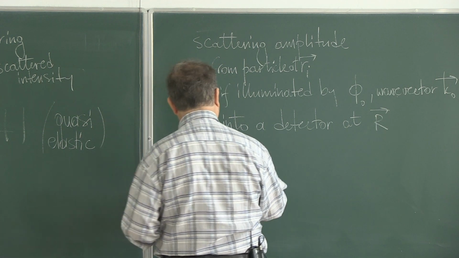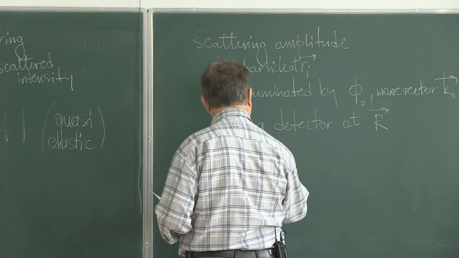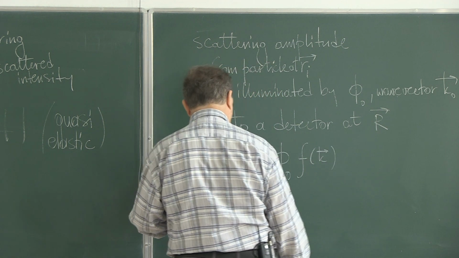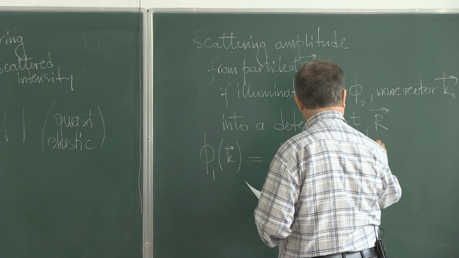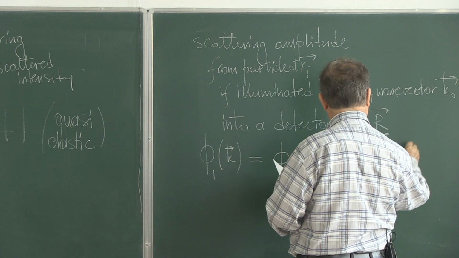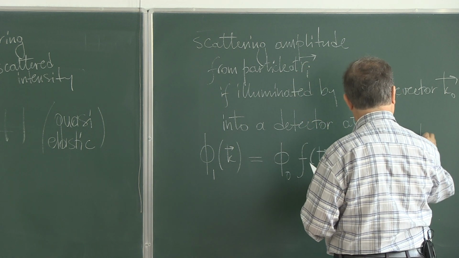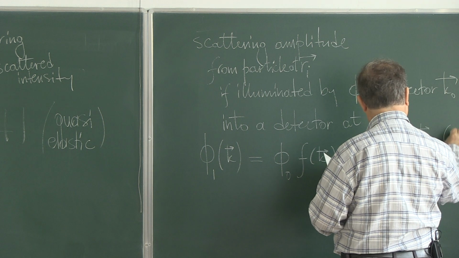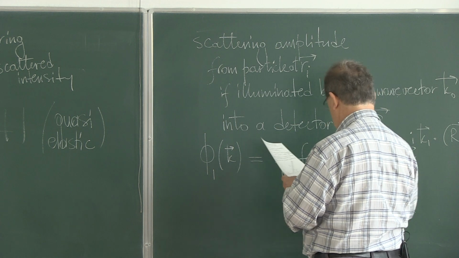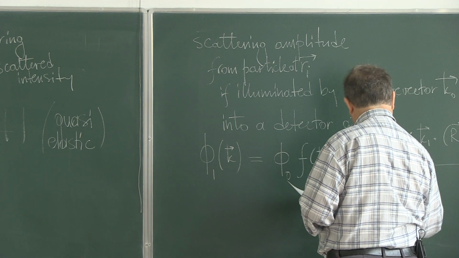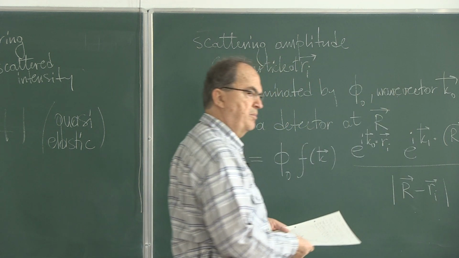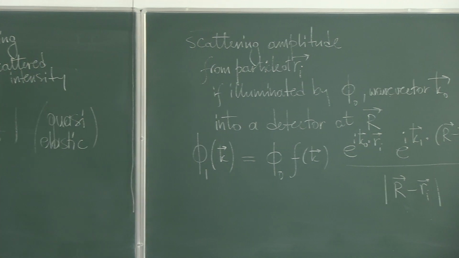It is incoming phi 0, f of k, a function of k, e to the i k0 dot r_i, e to the i k1 dot (r minus r_i), divided by the magnitude of r minus r_i, the distance between the particle and the detector.